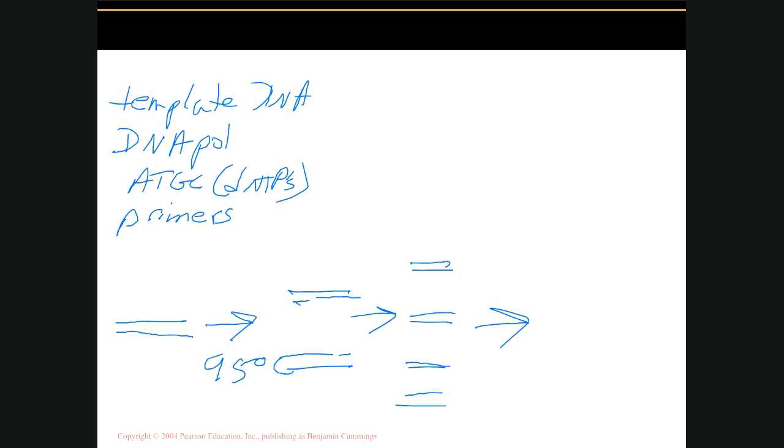But any idea how to deal with the denaturation problem? No ideas? Ruby, you have an idea? Maria? Craig? Bryant? Clarice? Any ideas? Nobody wants to make a lot of money?